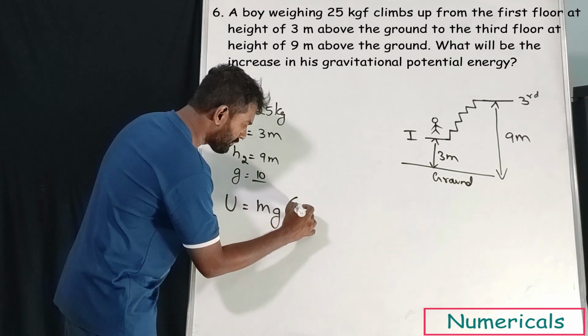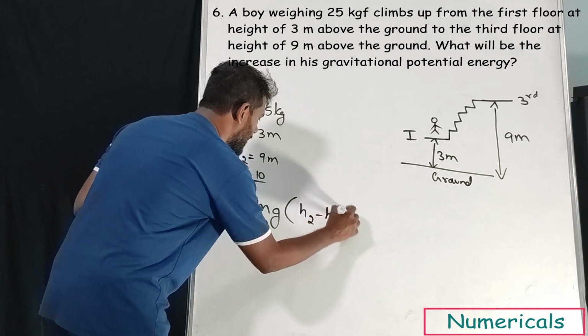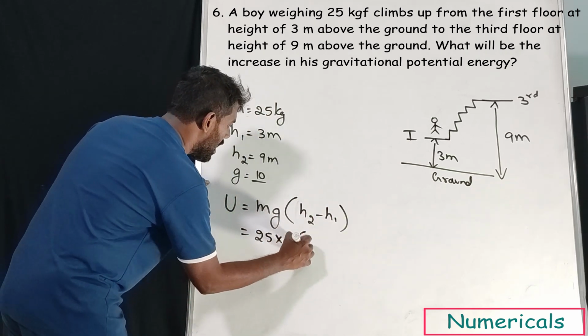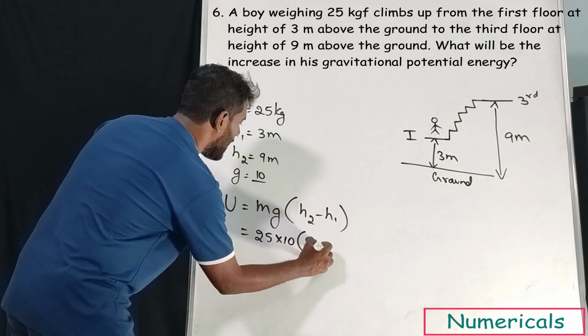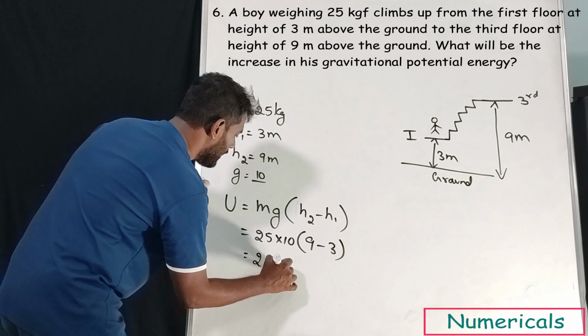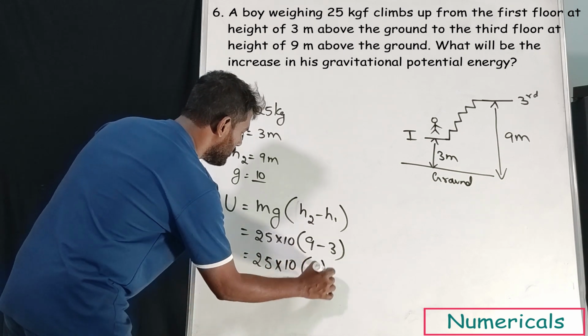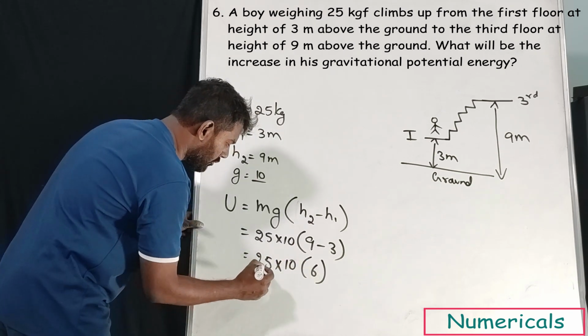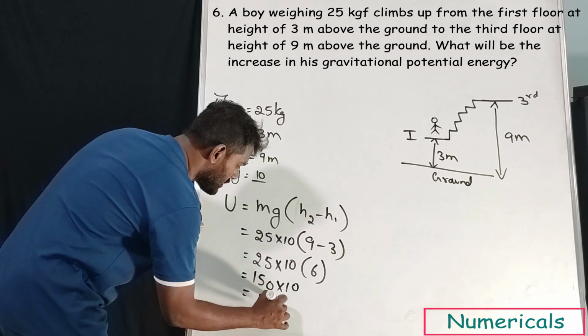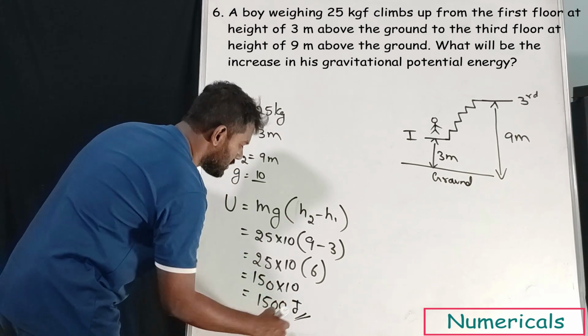Now m g (h2 minus h1): m value will be 25 into 10, h2 value will be 9, h1 will be 3. So 25 into 10 into 6. So 25 6s are 150, into 10, that will be 1500 joules. That's it.